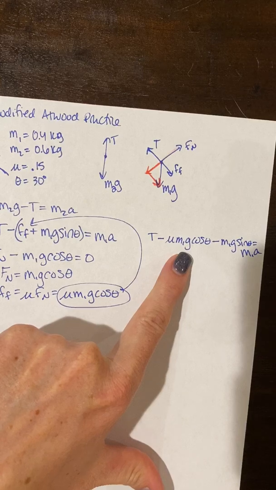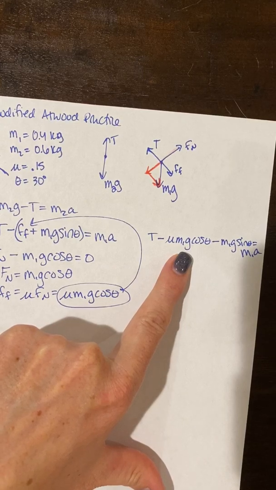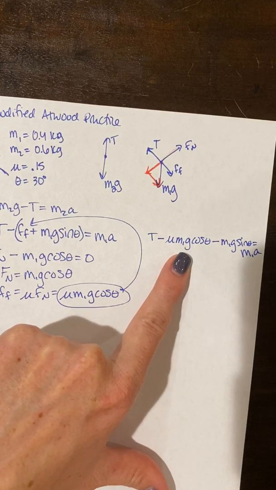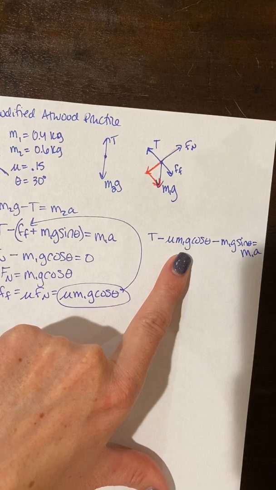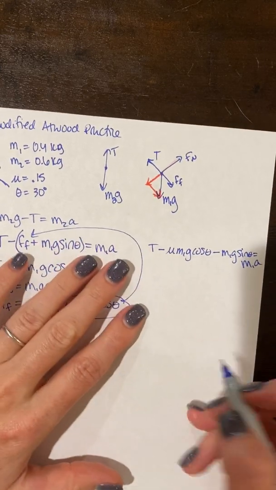I am going to solve for tension on this one by adding mu m1g cosine theta and m1g sine theta to the other side of my equation to get T by itself.